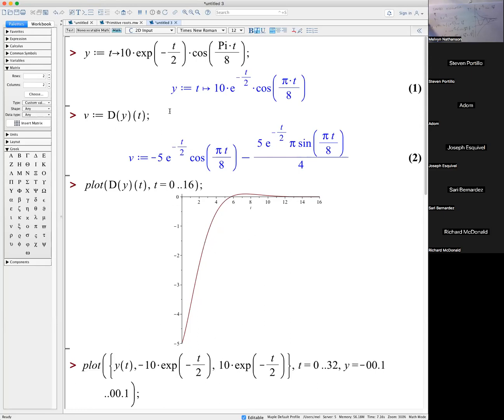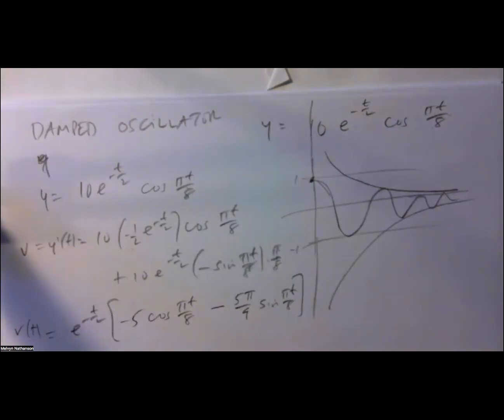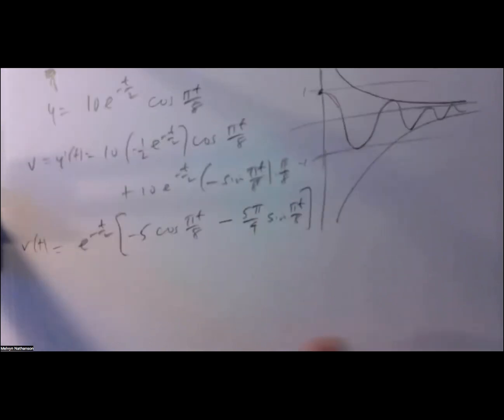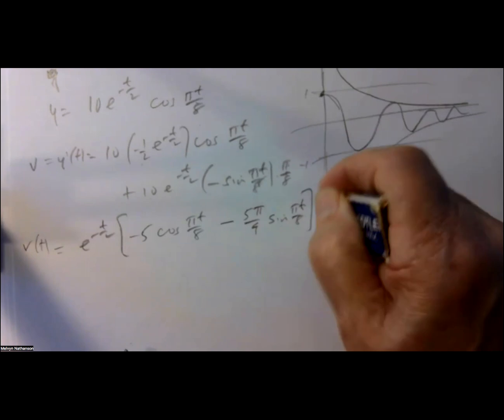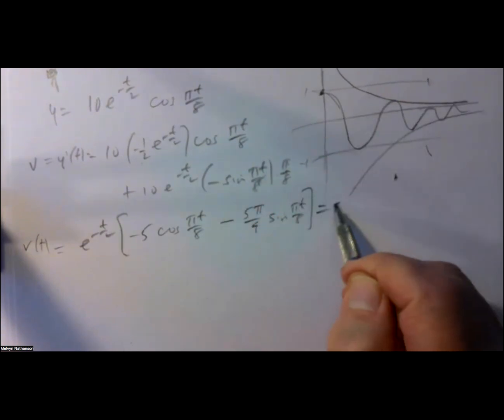So when is the velocity equal to 0? Let's see if Maple can do that. Well, let me first do it by hand first. So stop share. Okay. So this is the velocity, and we're asked, when is the velocity equal to 0?